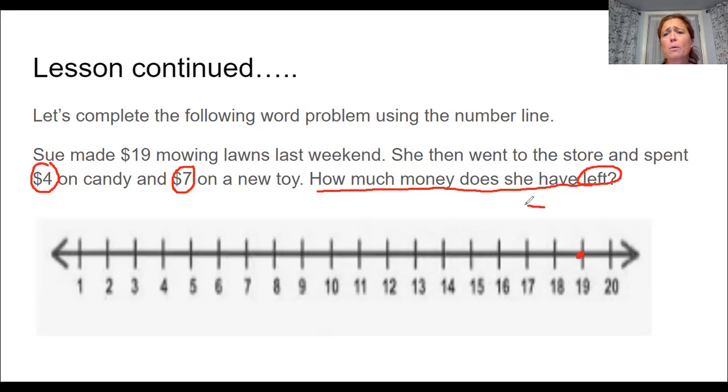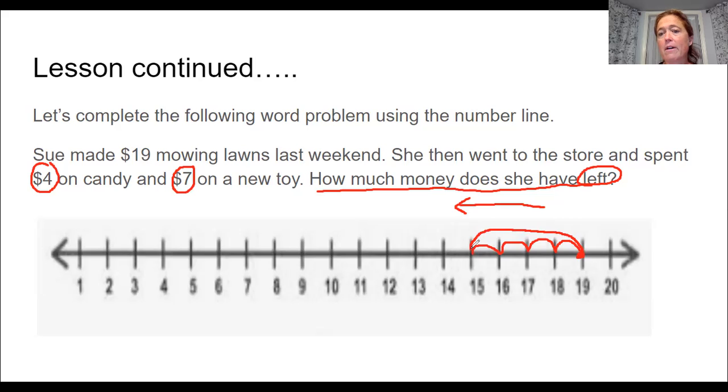Which means we're moving this way on the number line because when we subtract, the numbers get smaller. All right, so let's begin with subtracting 4. 1, 2, 3, 4. You can do it that way if you need to, or if you feel better about the number line, you could do 1, 2, 3, 4.